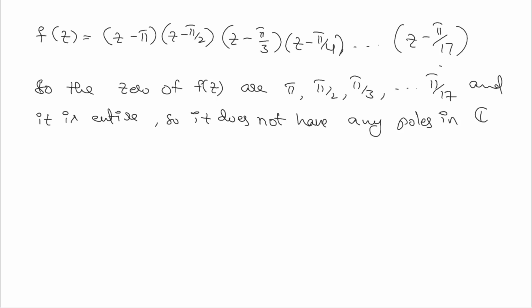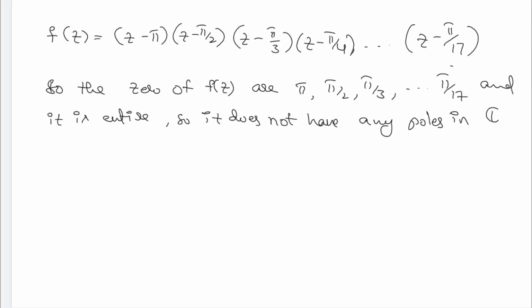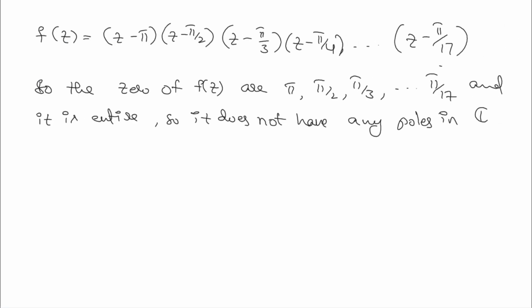But the question here is, out of all these zeros from pi, pi by 2, pi by 3 to pi by 17, how many points lie inside the closed curve gamma? For that, we can see the radius of that curve gamma.